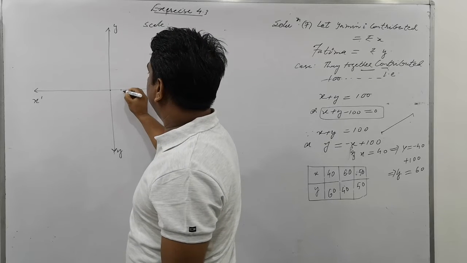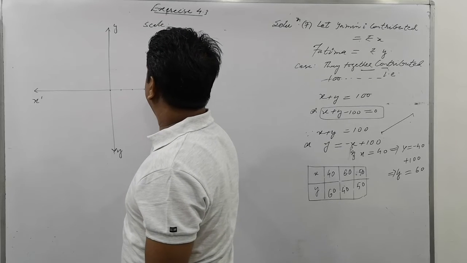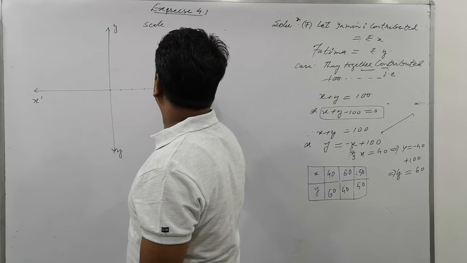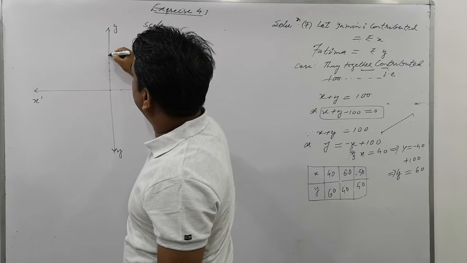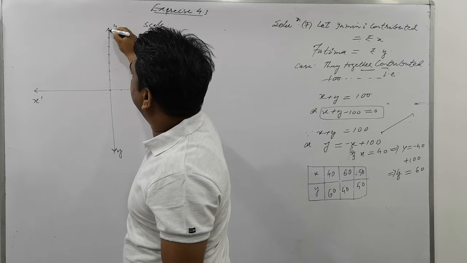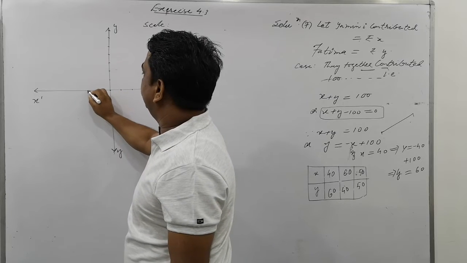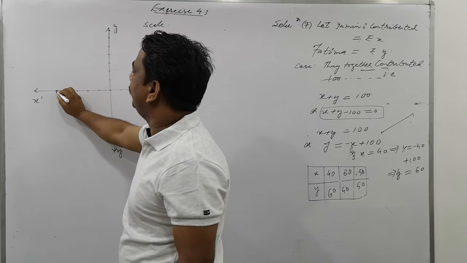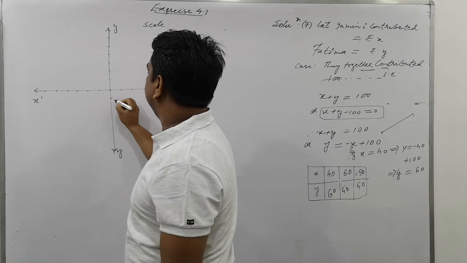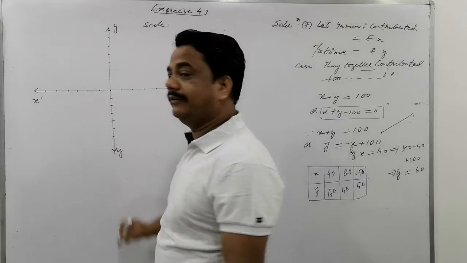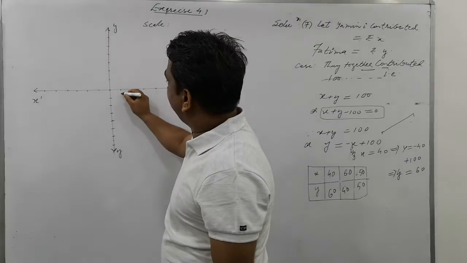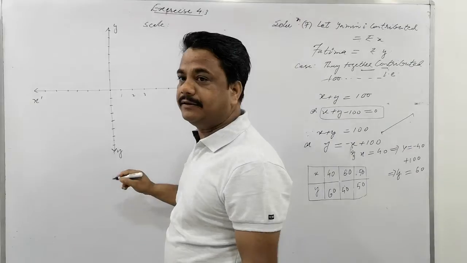Okay? Here 1, 2, 3, 4, 5, 6, 7. So we will not take 1, 2, 3, 4 only. Each division will be considered as a bigger unit. It's 1, 2, 3, we will not speak 1, 2, 3.